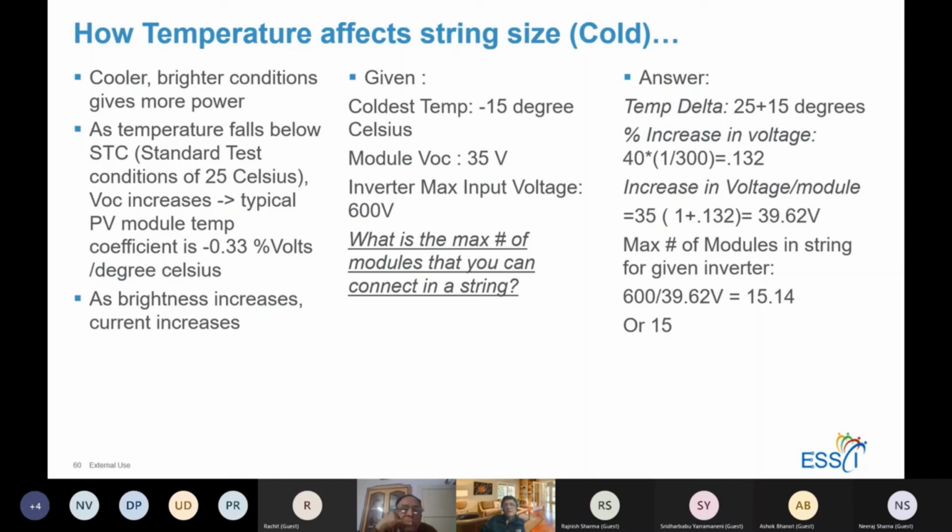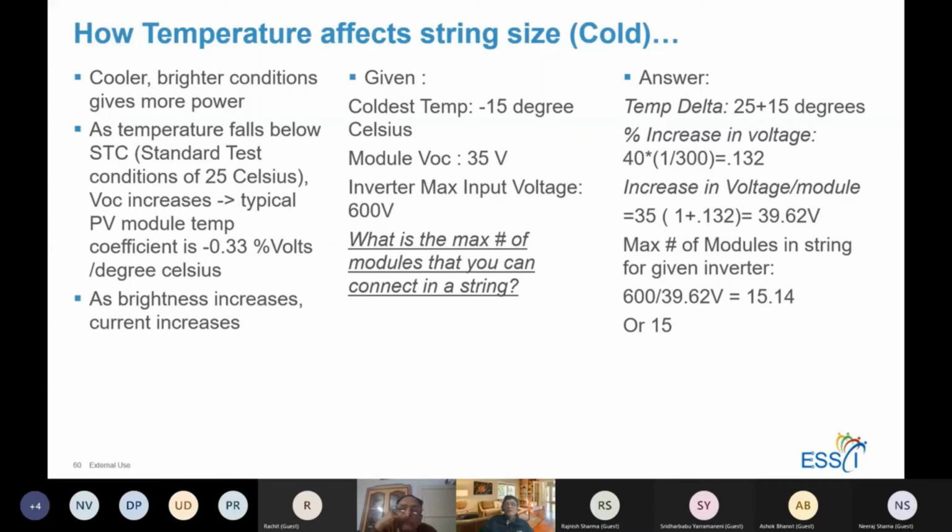Now if you go into areas like Chandigarh, winters can be quite cold, or in Ladakh, winters can be really cold. As temperature falls below standard test conditions, your voltage increases. As it becomes brighter, your current increases.